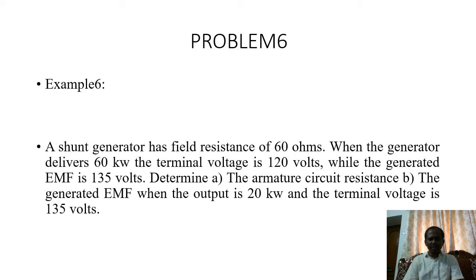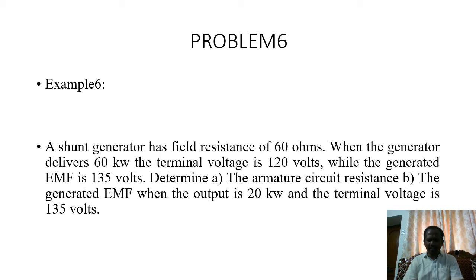But we know the shunt field resistance is 60 ohms. We can calculate the voltage across the shunt field winding, which is the same 120 volts. So Ish is equal to 120 by 60, which is 2 amperes.